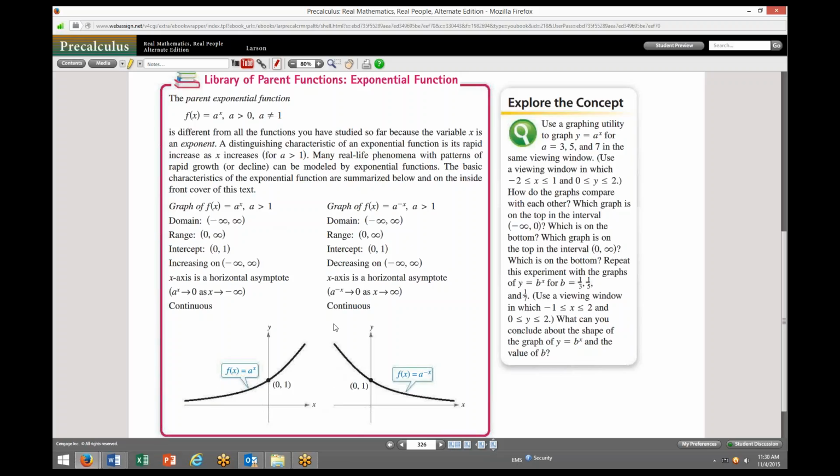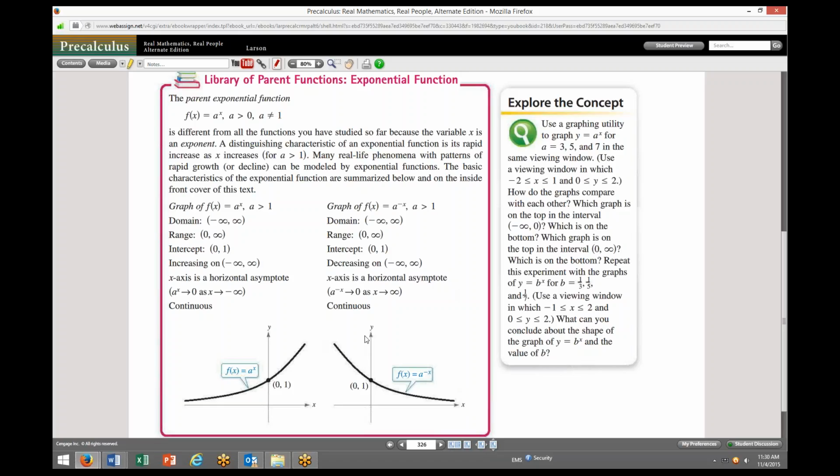When the base is between 0 and 1, or if you take the base to a negative power, then it is decreasing everywhere. You still have the x-axis, y equals 0, as the horizontal asymptote, and the function is still continuous and smooth everywhere. No holes, no vertical asymptotes.